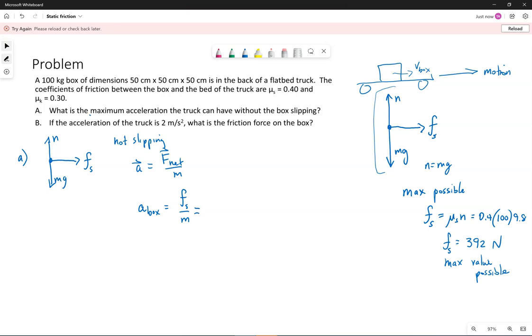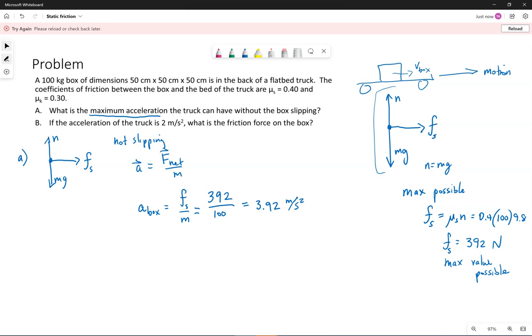Since this portion is asking for the maximum acceleration of the truck to keep the box from slipping, that means I can put in the maximum possible value of the static friction force, divide by the mass, and this will be the maximum possible value of the acceleration the truck can have, because that will be the maximum acceleration the box can have without slipping.